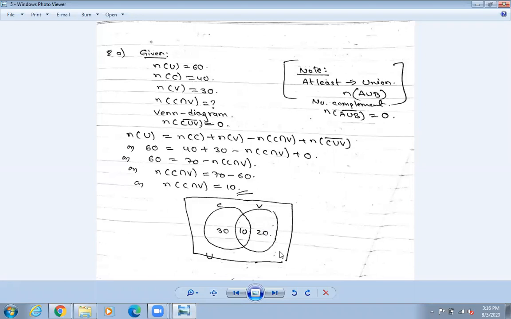So outside this circle, no need to write down any number, because why to write down 0? 0 is also a number. Okay, write nothing. Okay, do not write down anything outside the circle, because complement gets a 0. So there is no complement. Okay, so in this way, we will complete our question number 8A also.